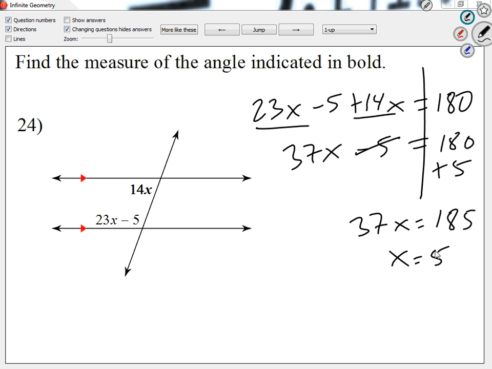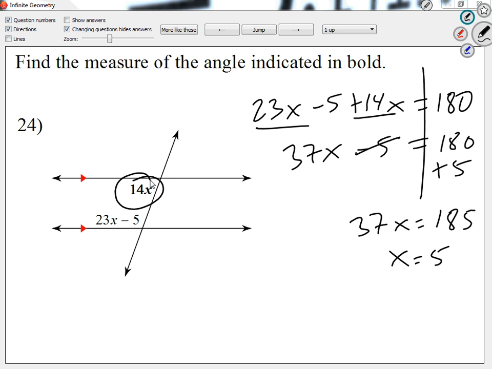Now, it does matter which one you plug in. If you plug into the correct one, you get the right answer. If you plug it into the incorrect one, you get an incorrect number. So make sure you plug into the right one. In this case, it's 14x. I'm looking at the two angles. Which one is wider? It's 14x. I know the value of x.